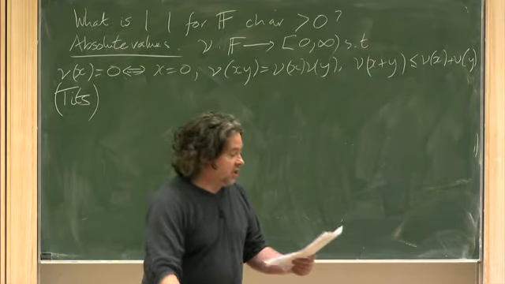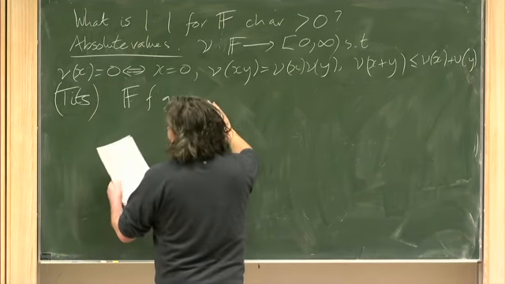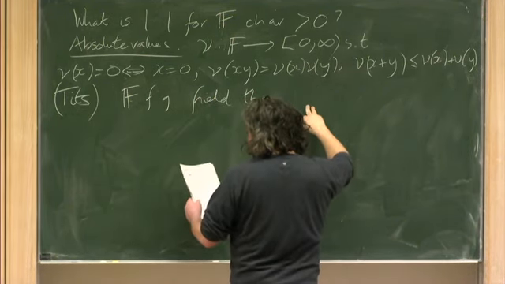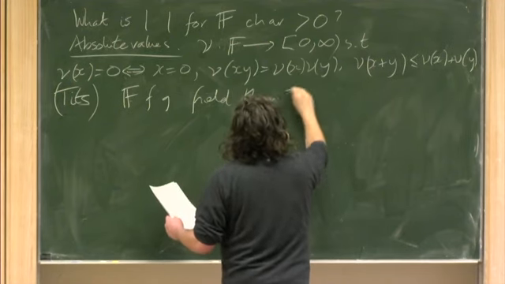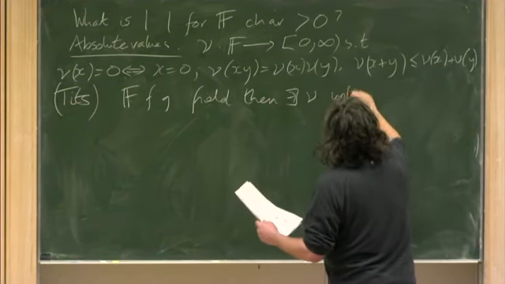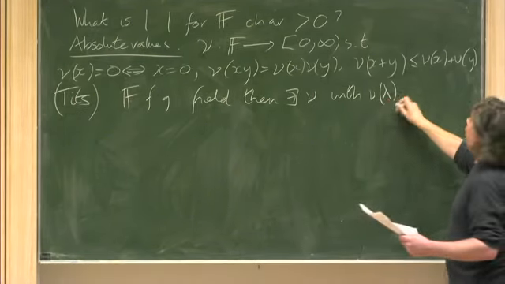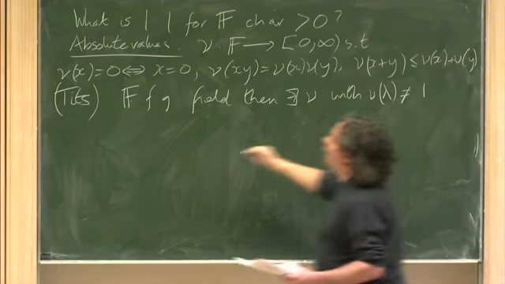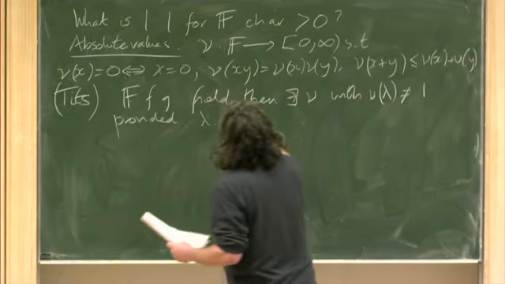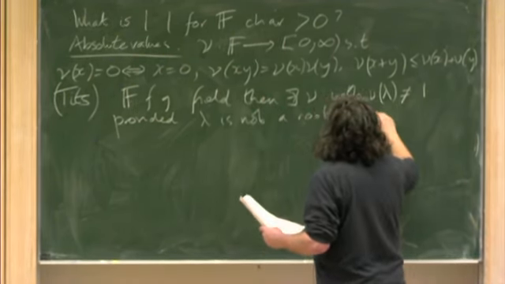And what Tits says is that if F is a finitely generated field, then there exists an absolute value in this sense on any field of any characteristic with its modulus not equal to 1, provided lambda is not a root of unity.